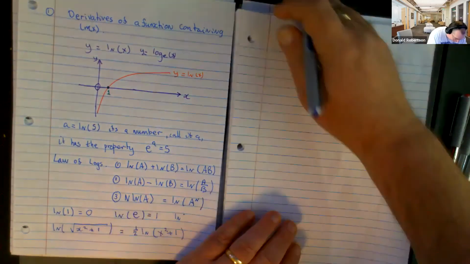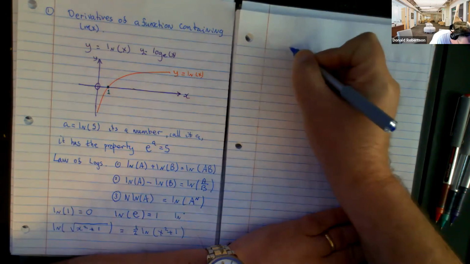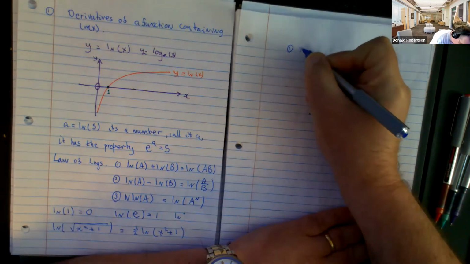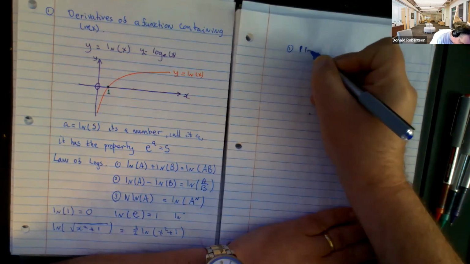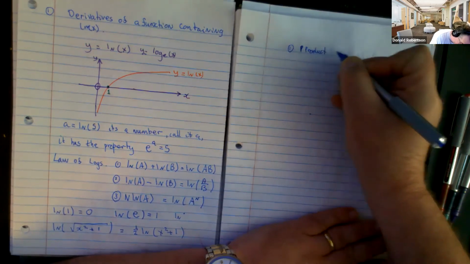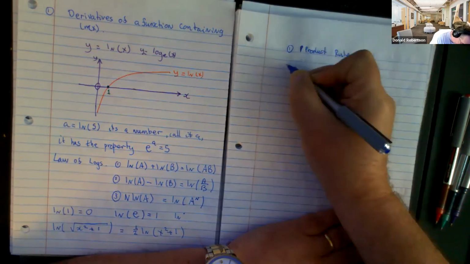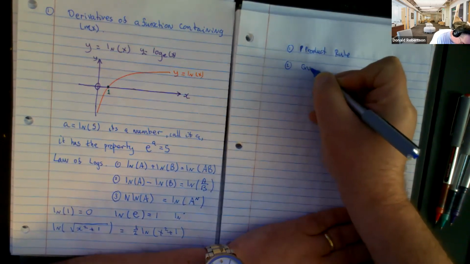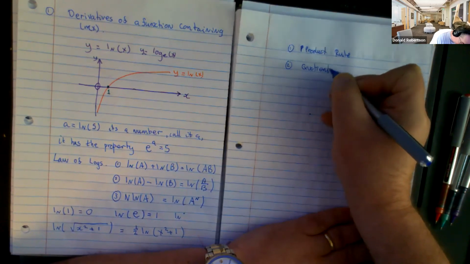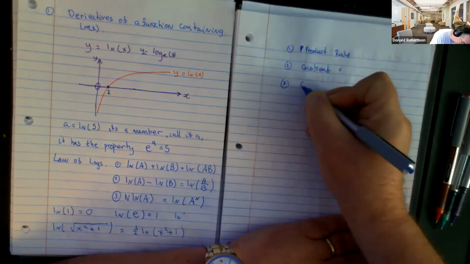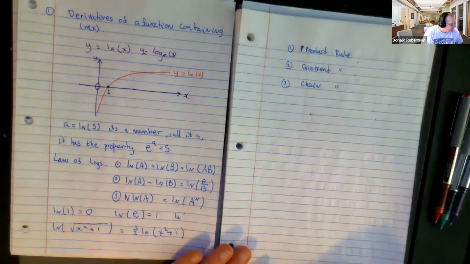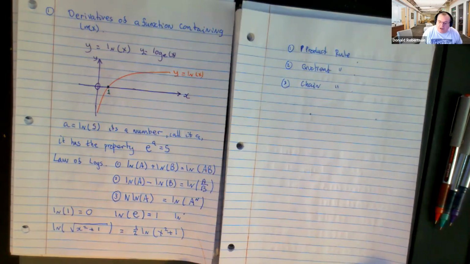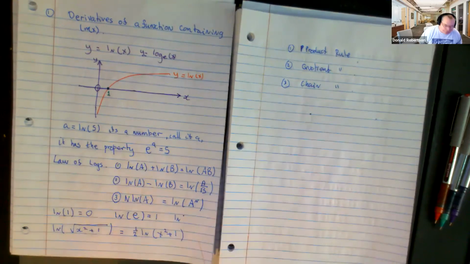Now, when you are differentiating logs, you are going to be using product rule, quotient rule, chain rule, and there'll be your typical go-to guys, along with some algebra like this.